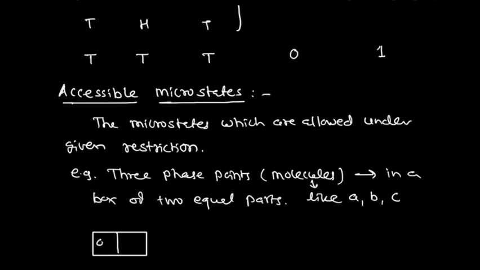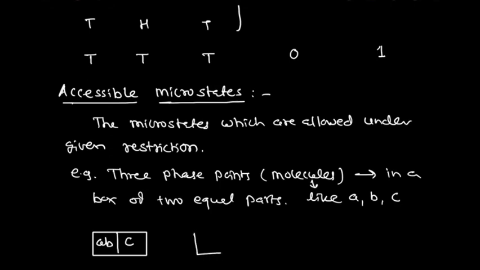Here in the first half the 2 phase points may be present. This is a box which contains the 3 phase points, no phase point is outside the box, and therefore it represents one of the accessible microstates.